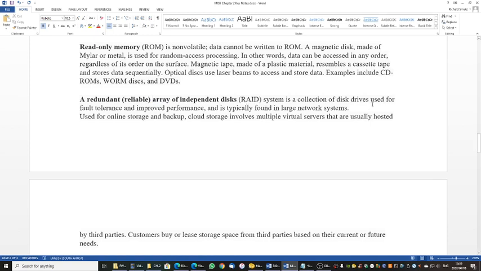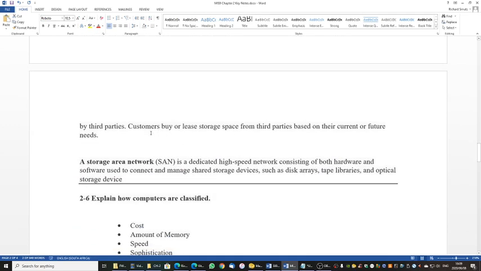It's a collection of disk drives used for fault tolerance, that is another word for reliable, and improved performance, typically found in large network systems, online storage, large servers, virtual servers, servers hosted by third parties. And you can buy RAID storage space.